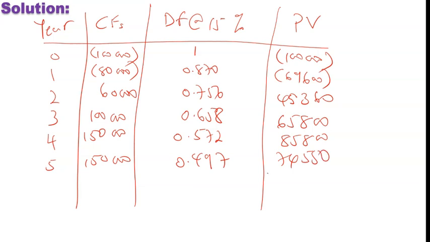We add them up and we get the maximum price payable, and this is 101,910. That's the maximum price they can pay.